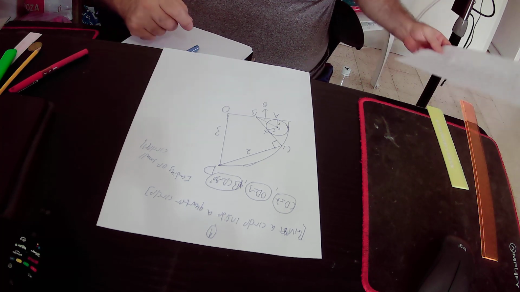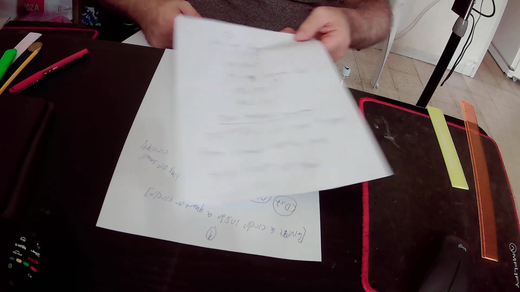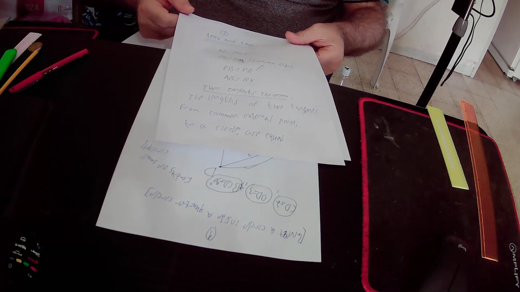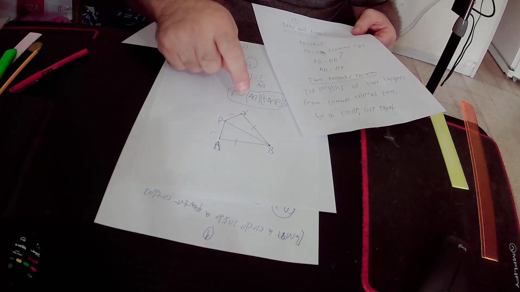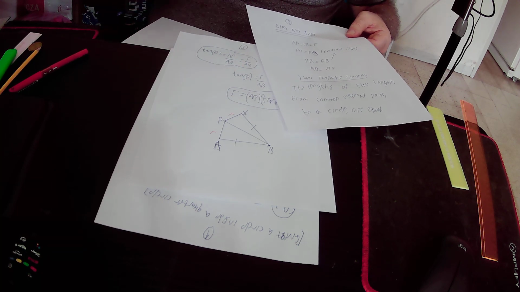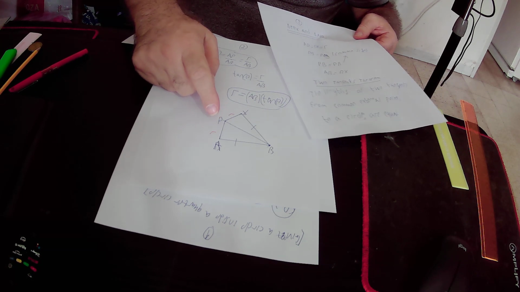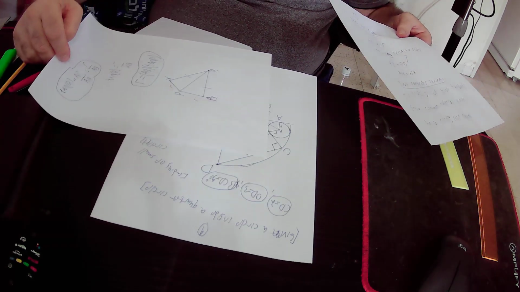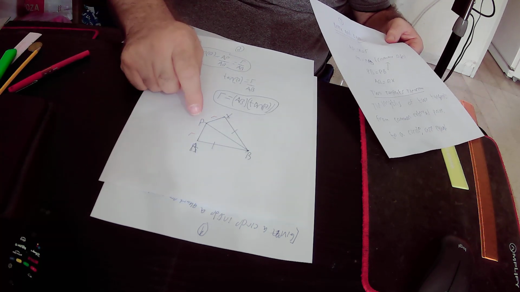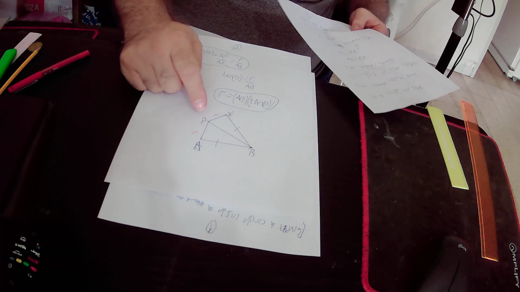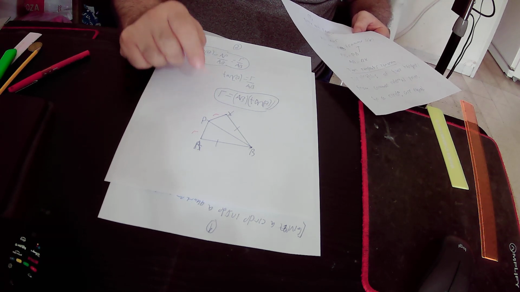Okay, so we actually proved that all the sides of triangle PBX are congruent to all the sides of triangle APB. All the sides of triangle ABP are congruent to all the sides of triangle PBX.